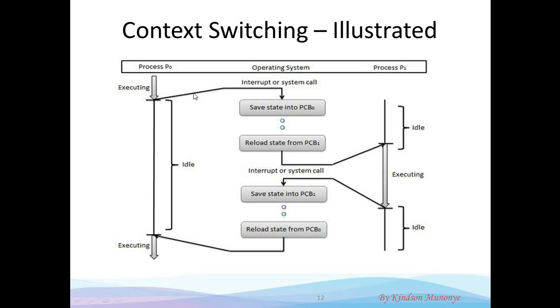The state of the process control block for process 0 is saved, and then control is shifted to process 1, while process 0 remains idle for a time. After process 1 executes, the operating system moves the control back to process 0 and it continues from where it stopped.